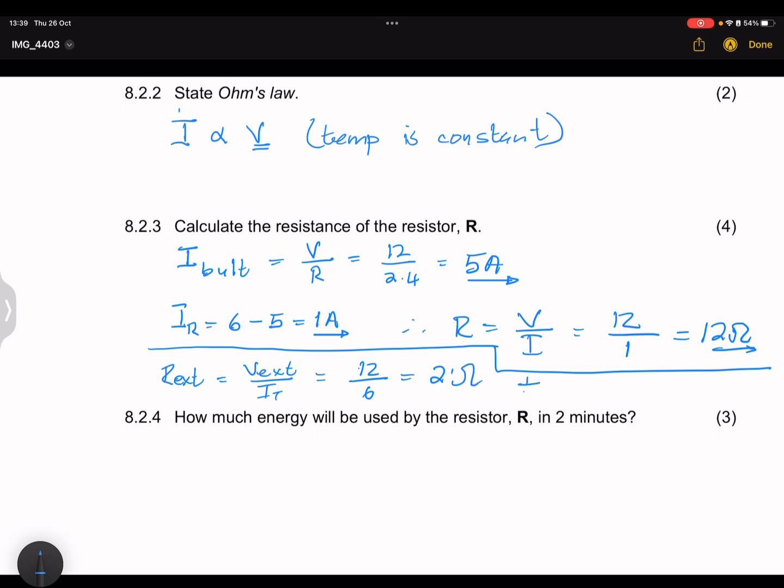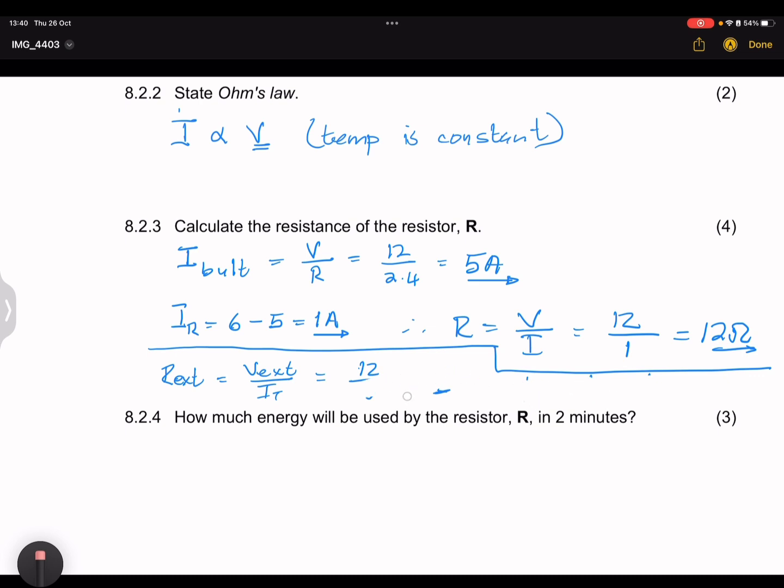But you know that 1 over RP, R parallel, is 1 over resistor R plus 1 over the resistance of the bulb. So you've got RP, in this case the parallel resistance, and you can get that by finding V over R. So that was 2 ohms, and we know that R in this case is what we want, and the one of the bulb is 2.4. So you can find it using that formula there.